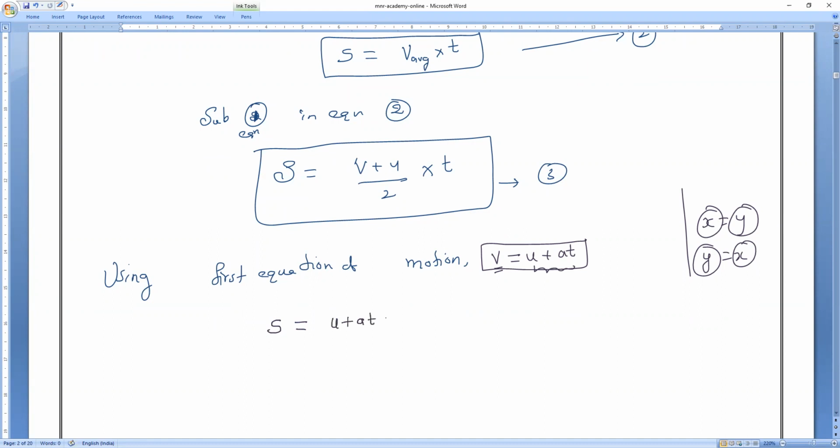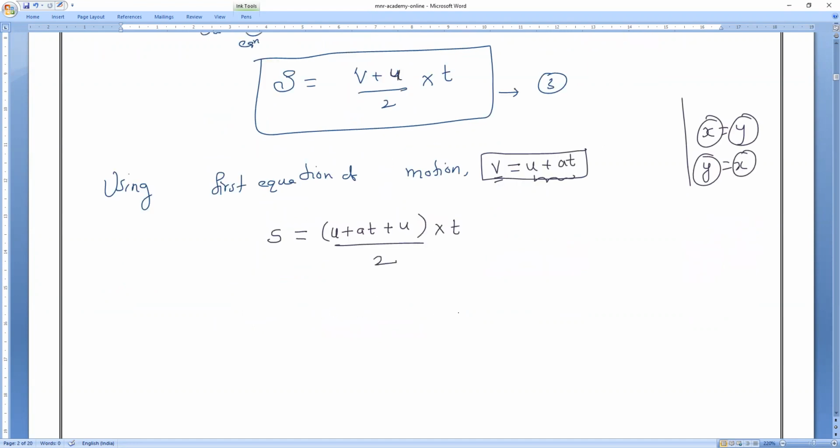U plus AT plus U, by 2, into T. Next, S is equals to, check it: U plus U, 2U. That is 2U plus AT, into T divided by 2.